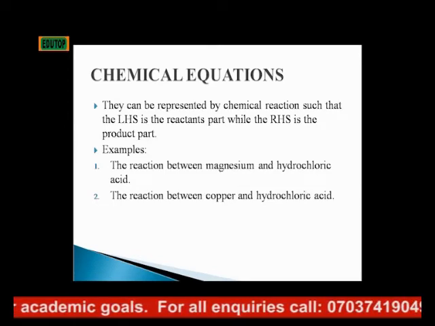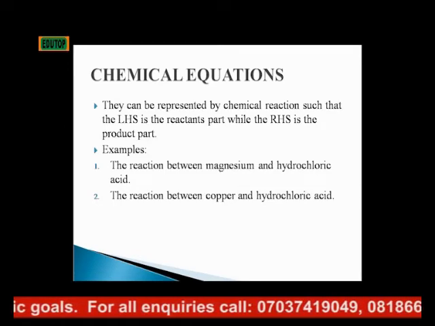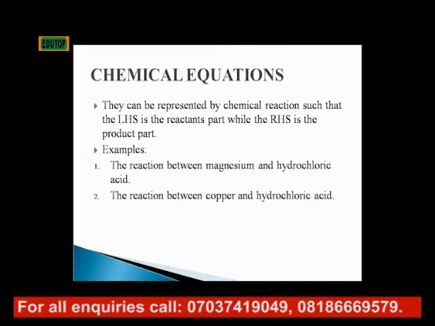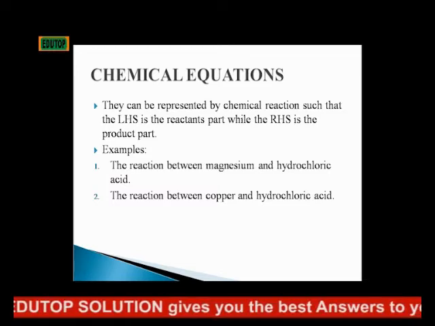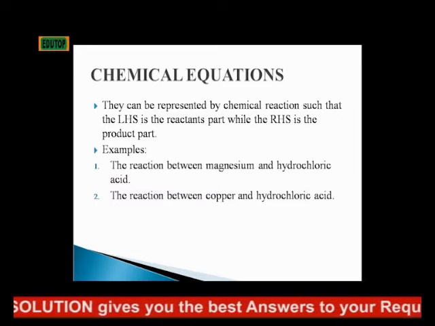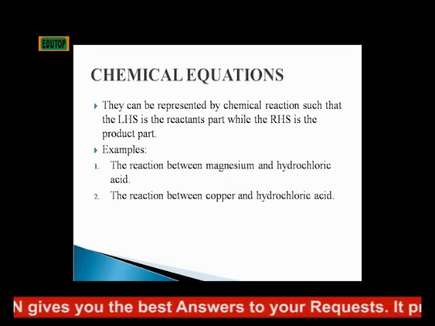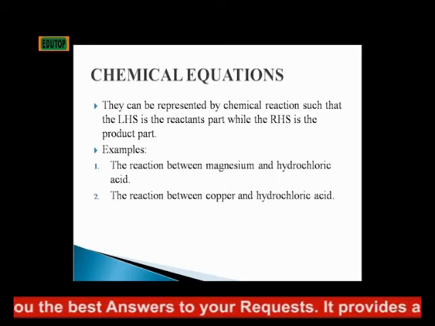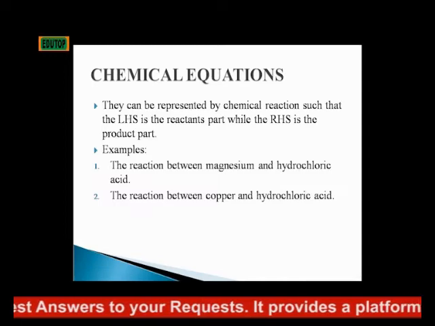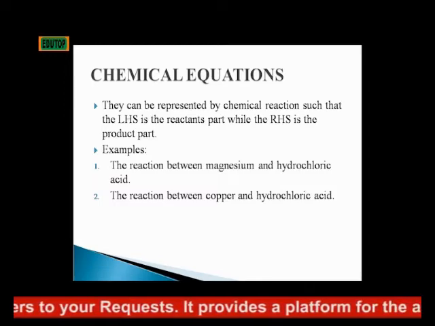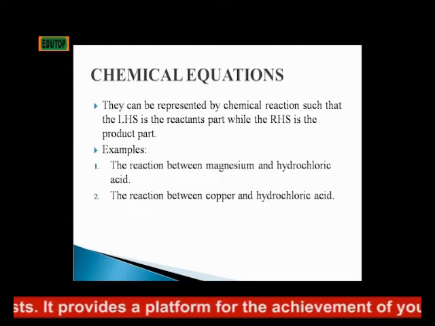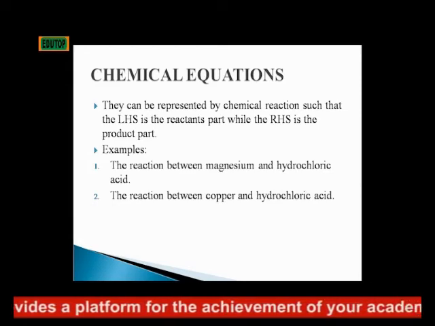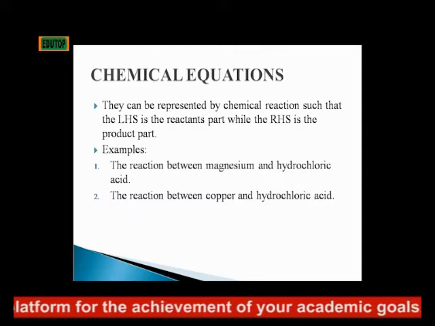The right-hand side of the equation is where product reappears, while the left-hand side of the equation is where reactant diminishes. The reaction between magnesium and hydrochloric acid is one example. The second example is the reaction between copper and hydrochloric acid.